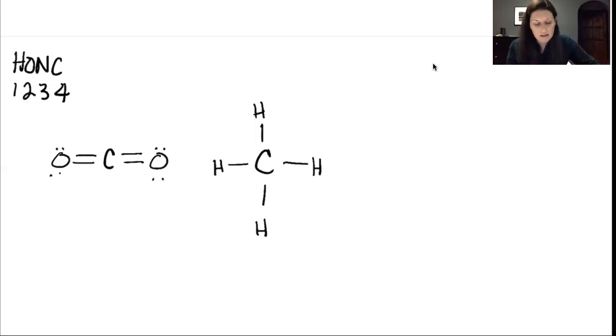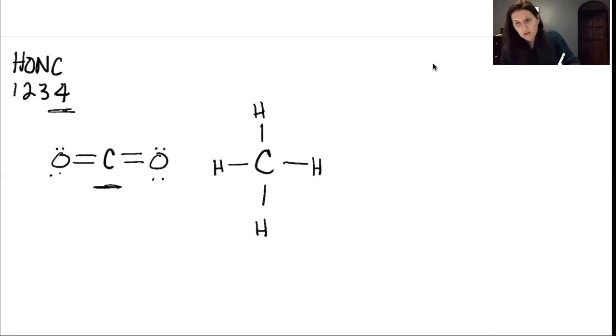The carbon in the center has four single bonds to it. So it's still following this rule where it prefers to have four bonds, but in this case, it's four single bonds, whereas in CO2, it was two double bonds. And guess what? We can have another combination of single and double bonds for carbon.